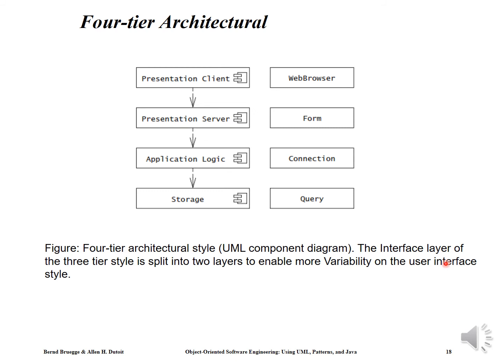So the interface layer of the three-tier style is split into two layers to enable more variability on the user interface style. So by decomposing in this style, all parts of the application can now be changed or upgraded independently without affecting the other one.